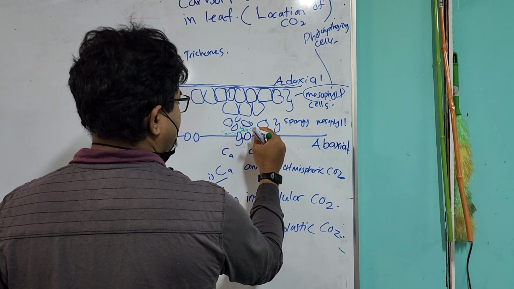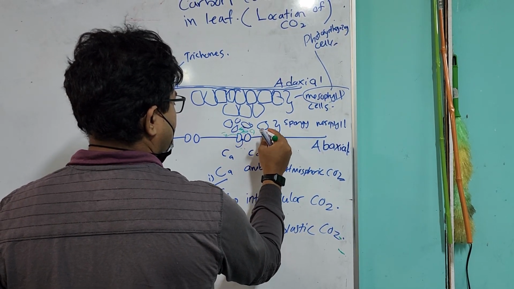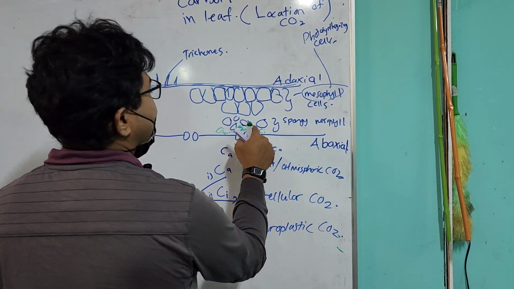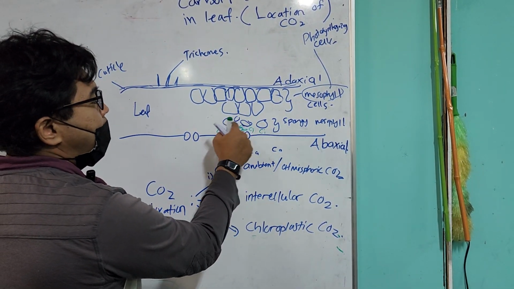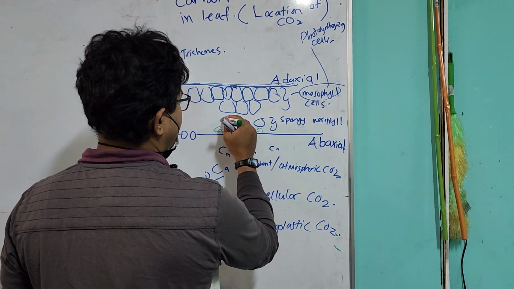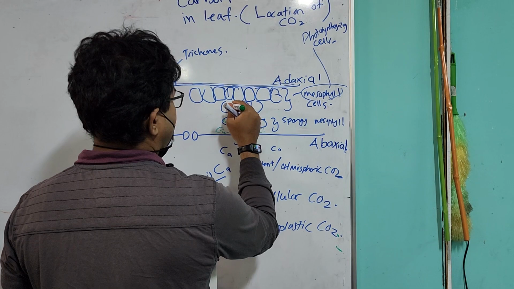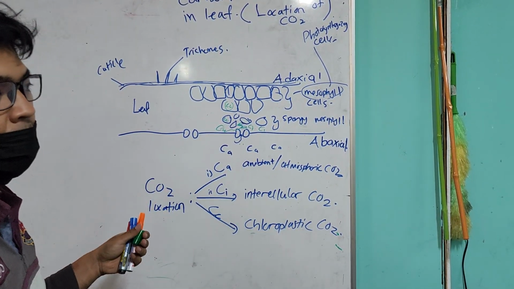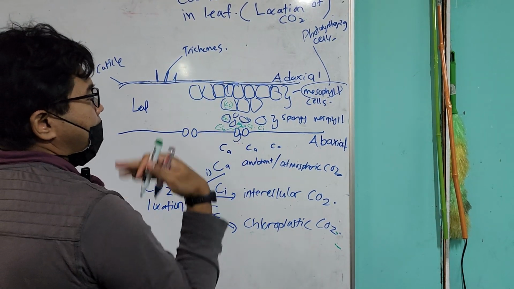It's called Ci. So this is Ci, intercellular CO2, in between among the cells. The moment CO2 has entered the cell, it's called Cc. Cc stands for CO2 that has actually entered the chloroplast.